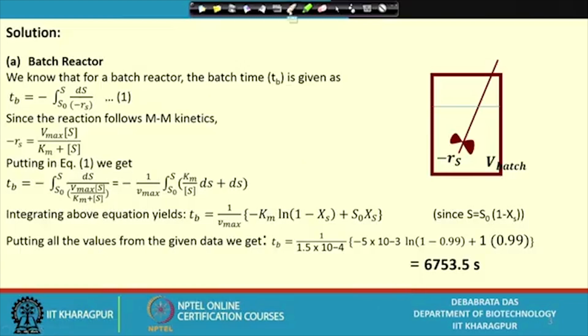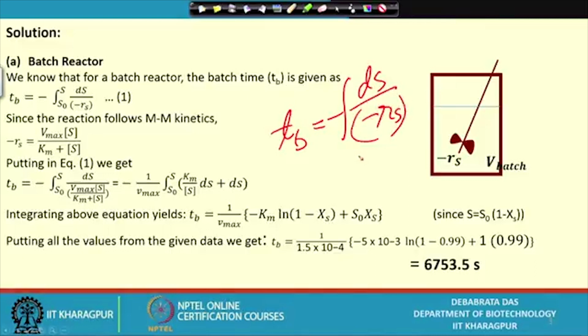So, for the batch process, we already know that t_B = ∫ (−dS / −R_S), integrated from S0 to S. This is exactly what we have written here. Now, the Michaelis-Menten equation gives −R_S.